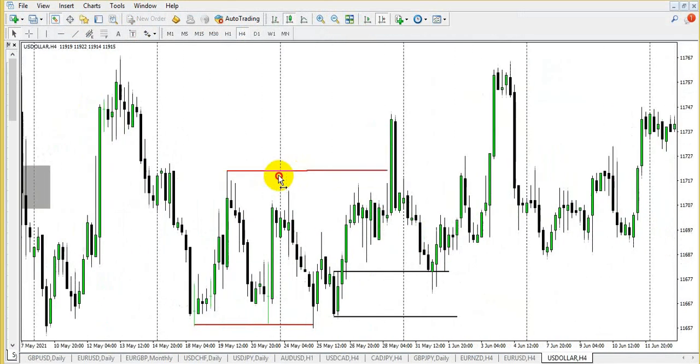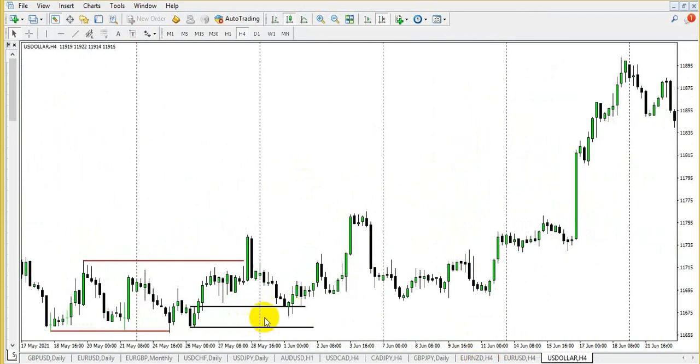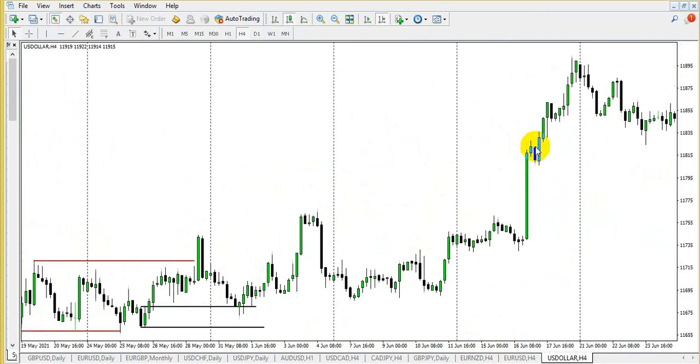The bullish scenario here, you can see after price retested the zone, price kept on moving higher and higher. The stop loss will be below here, and you can see how far price moved. First target will be above here, and price did that.